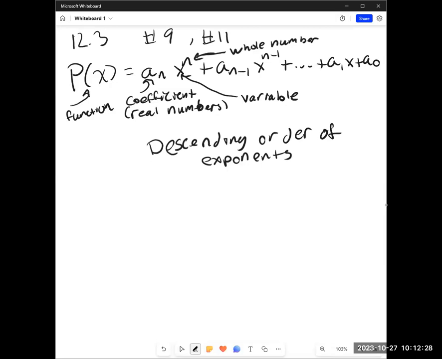All right, let's talk about different types of polynomials that are special. So the terms of the polynomial are separated by these plus or minus signs here. It's going to be a plus sign if the coefficient is positive. It's going to be a minus sign if the coefficient is negative.